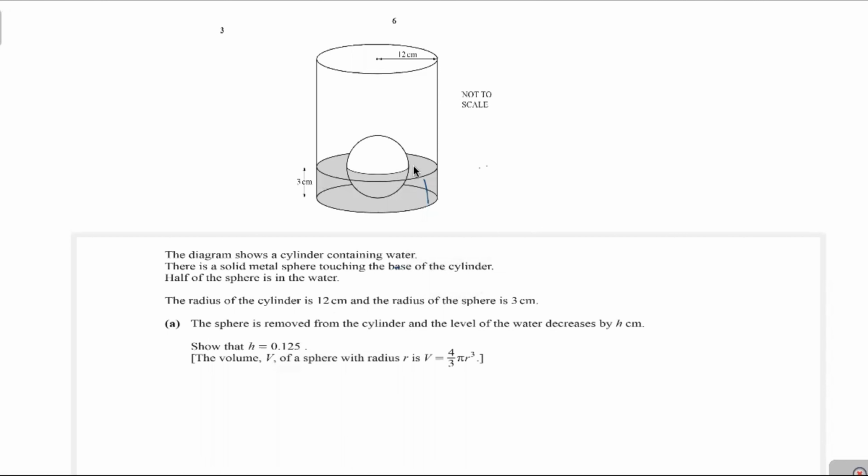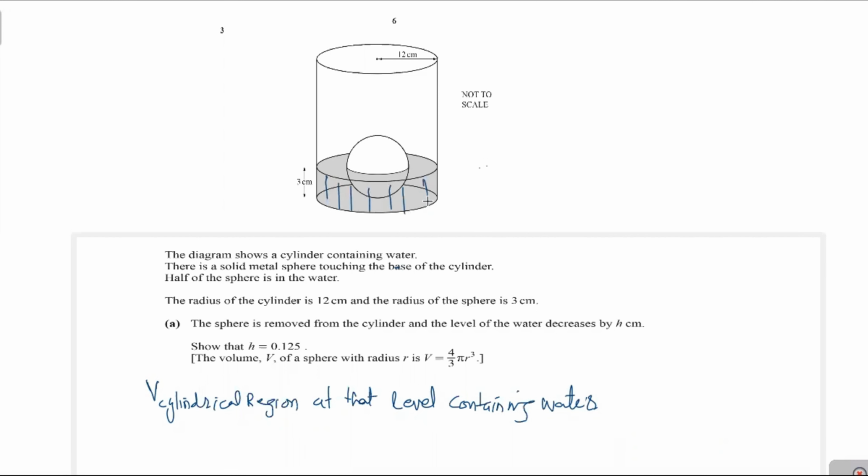Now, firstly, we will find the volume of the cylindrical region at that level containing water. You see here, this is the region. We have to find the volume, which will be equal to pi r squared h.